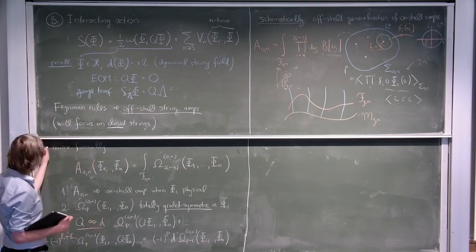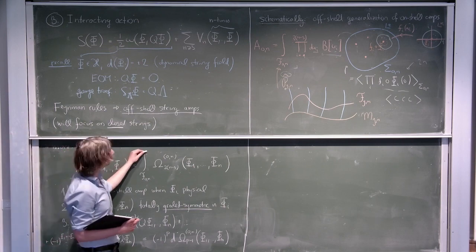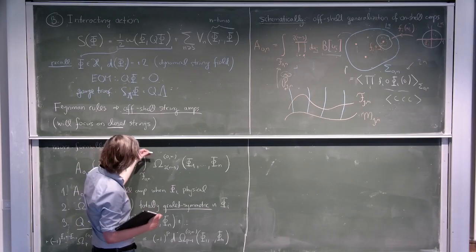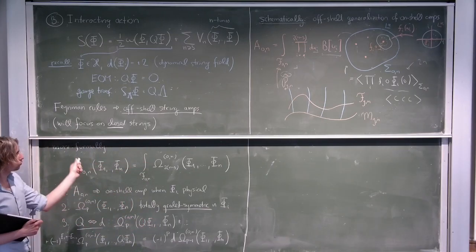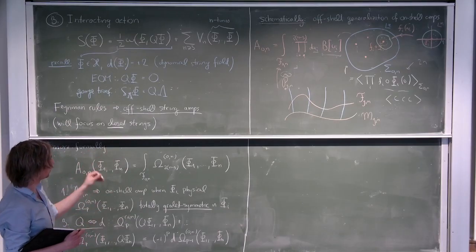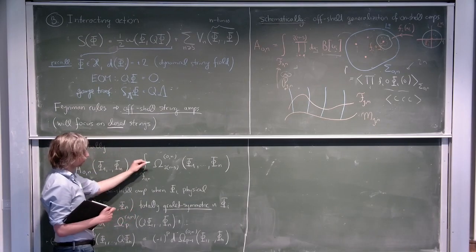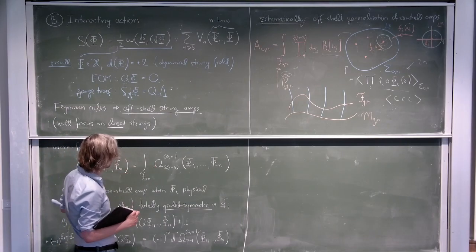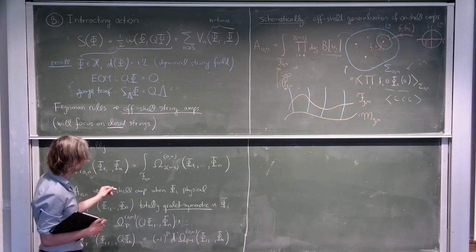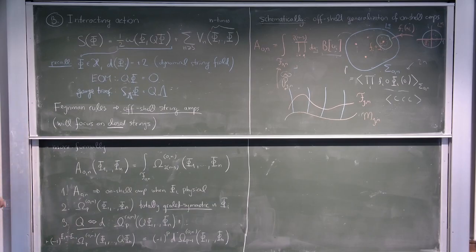First of all, I want to write the offshell amplitude as an integral over this section F_{g,n}. And of course, in order for this integral to have an invariant notion, which is independent of the choice of the coordinates on the moduli space, what I need to be integrating over is a p-form, and the rank p of the p-form needs to be precisely the same as the dimension of this section F_{g,n}.